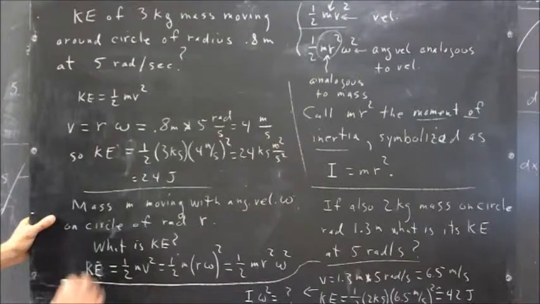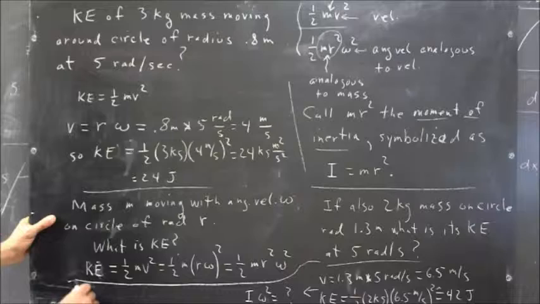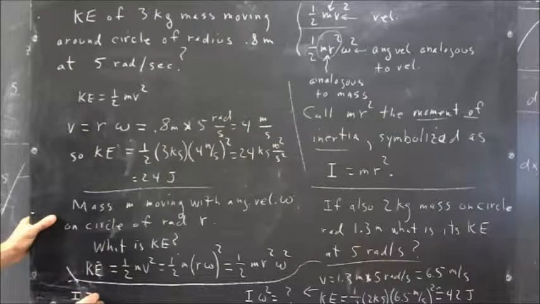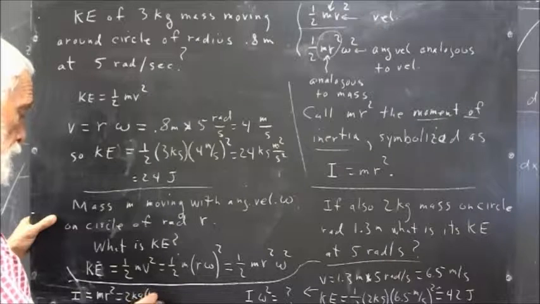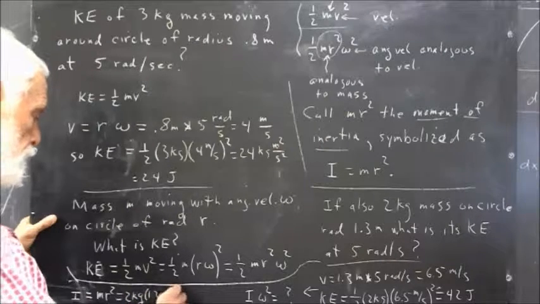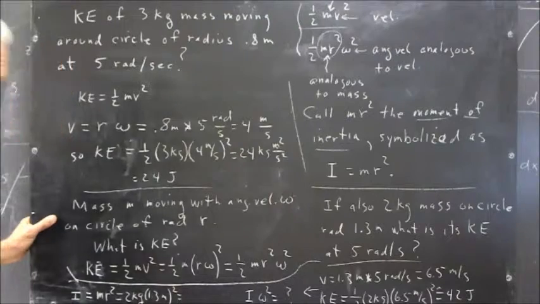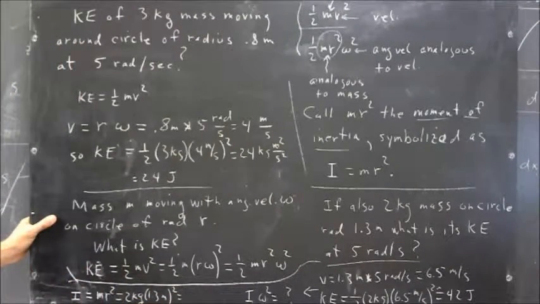Okay, well, of course I got to spread this over the bottom of the board here, but the moment of inertia is mr squared, which is 2 kilograms times 1.3 meters quantity squared. And 1.3 squared is 1.69. You double that, you get 3.38.